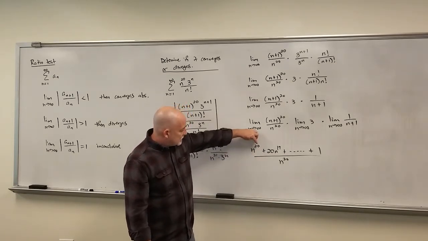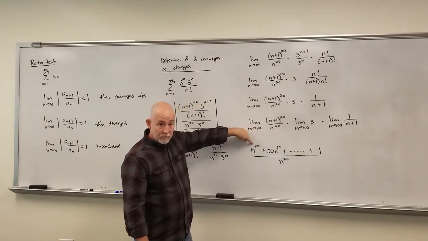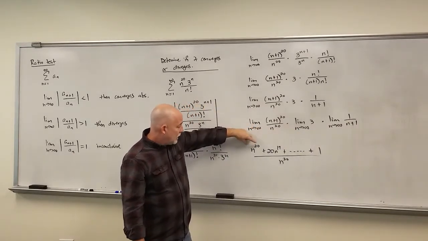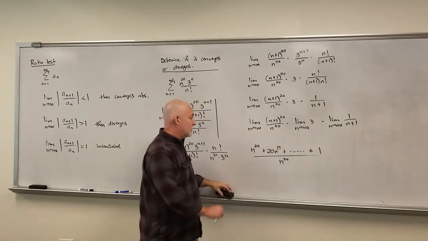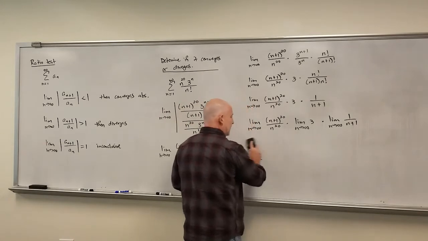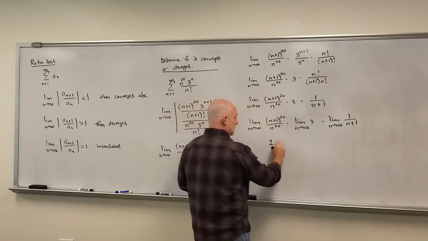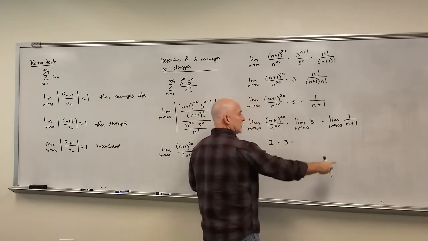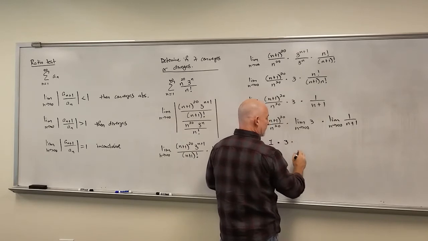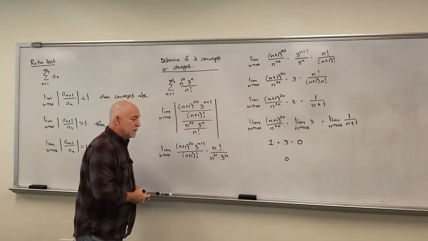But doesn't it make sense that all the lower powers would disappear when you do L'Hopital's rule, because we'd have to take the derivative 20 times. If we did the derivative 20 times, we'd have the exact same number on the top and the bottom. So this whole piece right here is really just a 1, times the limit of 3, which is 3, and the limit as n goes to infinity of 1 over n plus 1 is 0. So our answer here is 0.